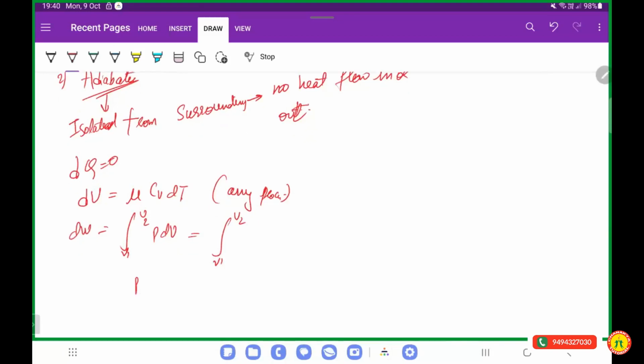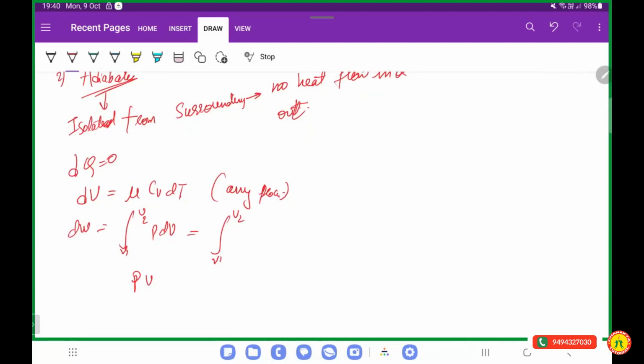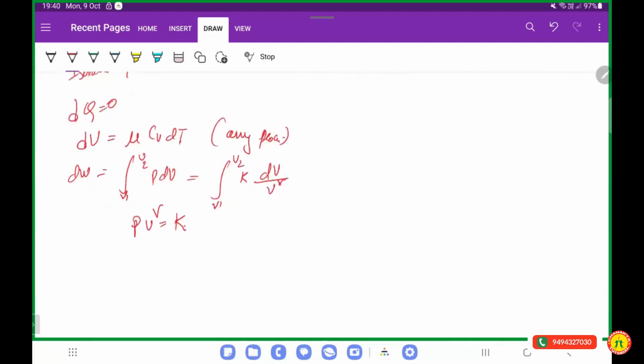PV to the power gamma for adiabatic process is constant K. We will write here K as a constant because we want to have an integration here: dV by V to the power gamma into K. So we can say K by 1 minus gamma, 1 by V2 to the gamma minus 1 minus 1 by V1 to the gamma minus 1.